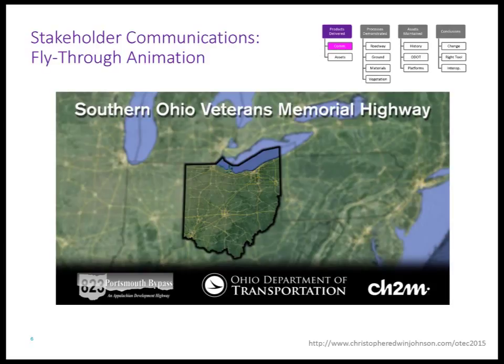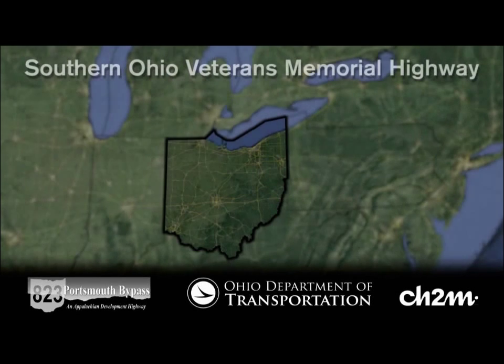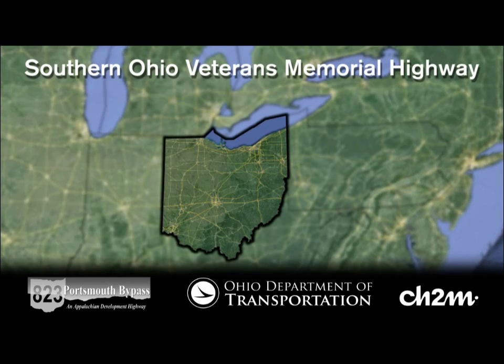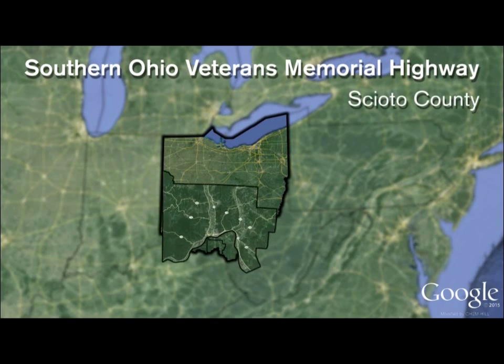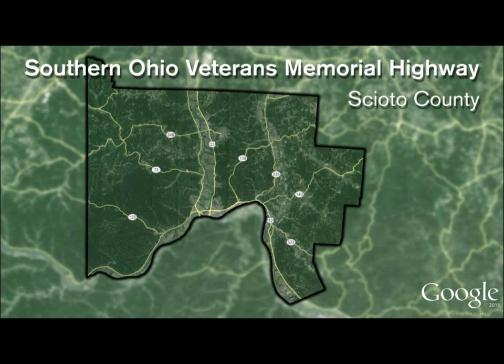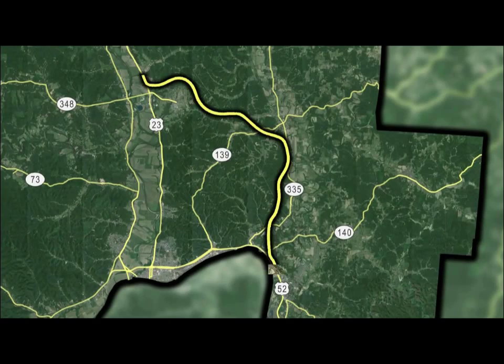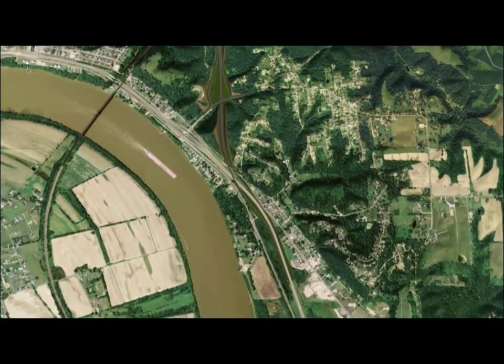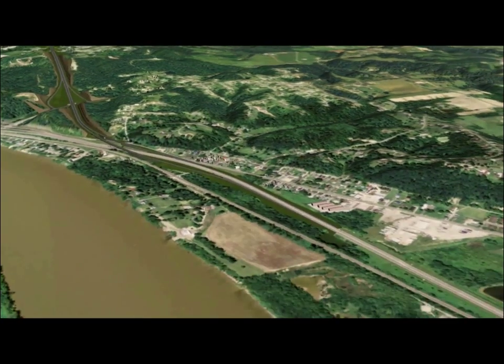So I'm going to begin at the end and hopefully as painlessly as possible attempt to pull up a video. So here's the end product, the end goal. For this particular task, this is the Portsmouth Bypass project, the 16-mile P3.